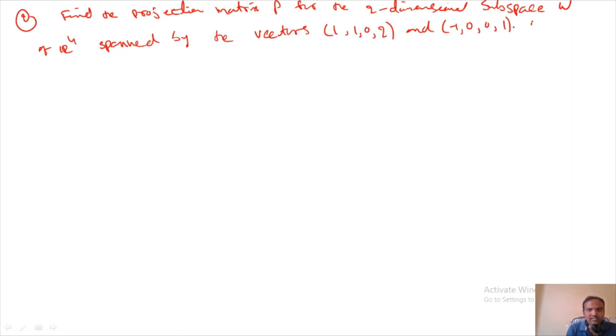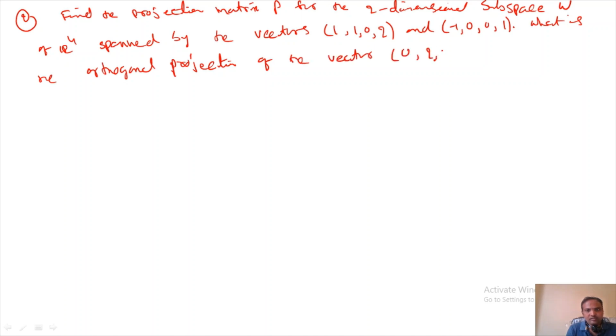Now what is the orthogonal projection of the vector 0 2 5 minus 1 onto W?